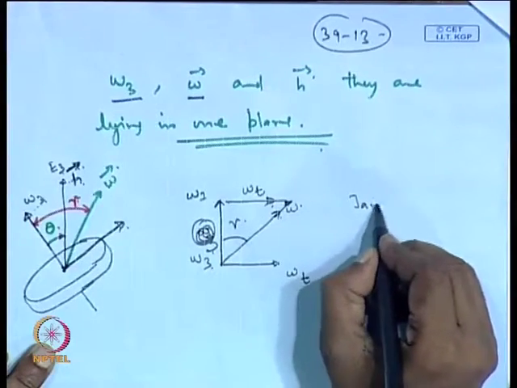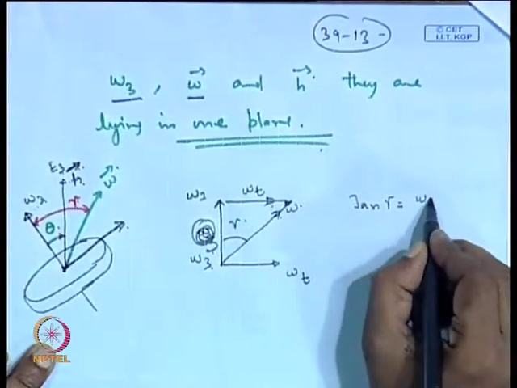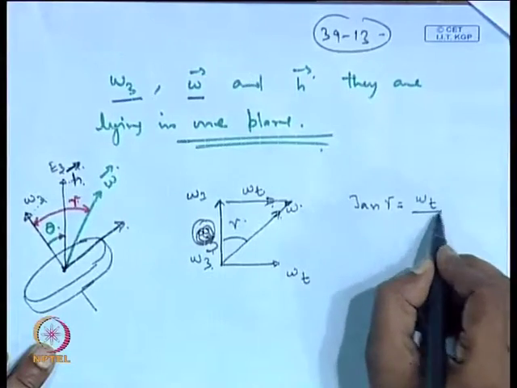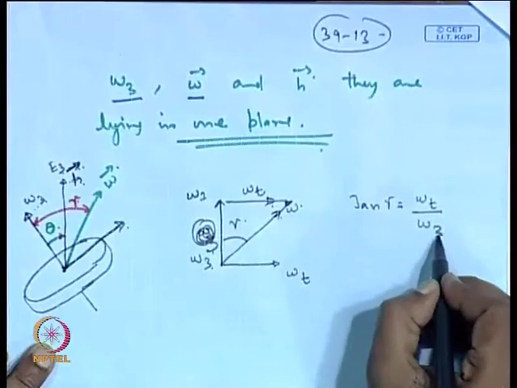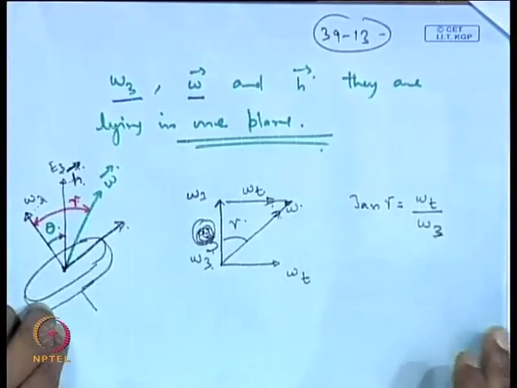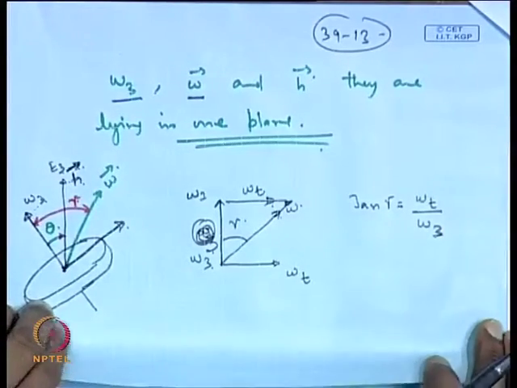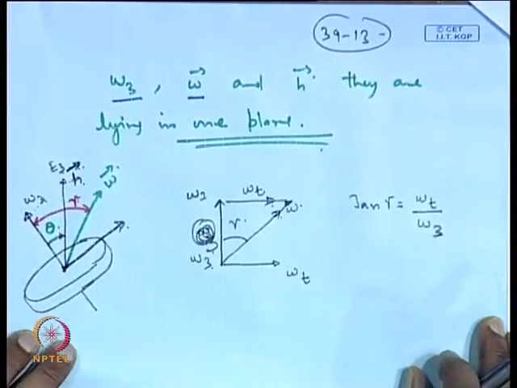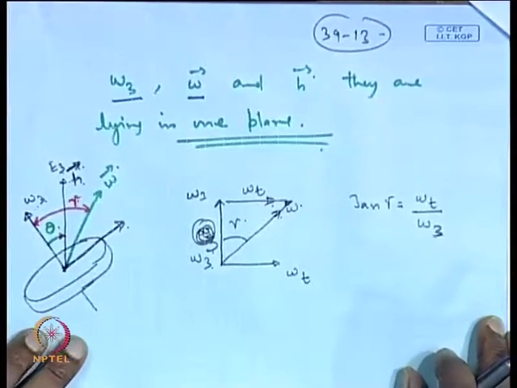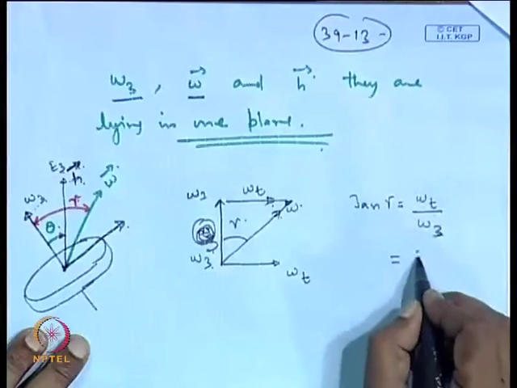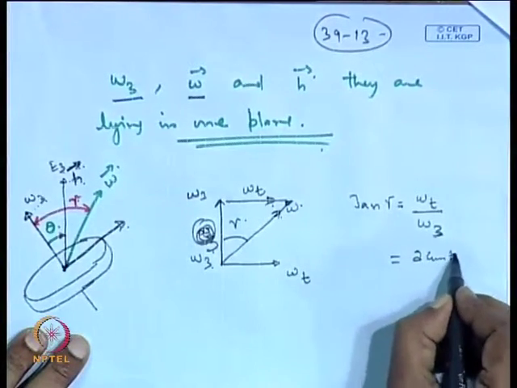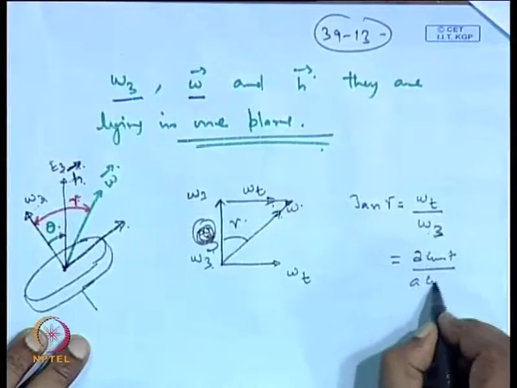So, tan gamma we can write as omega t by omega 3. Okay. Now, omega t is a constant and omega 3 is also a constant.